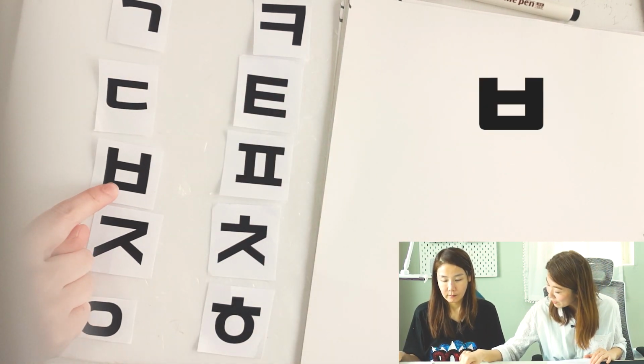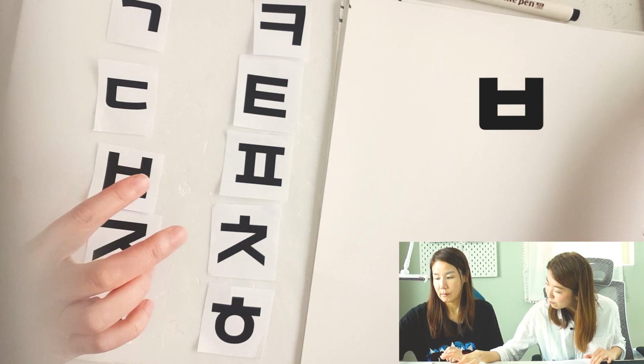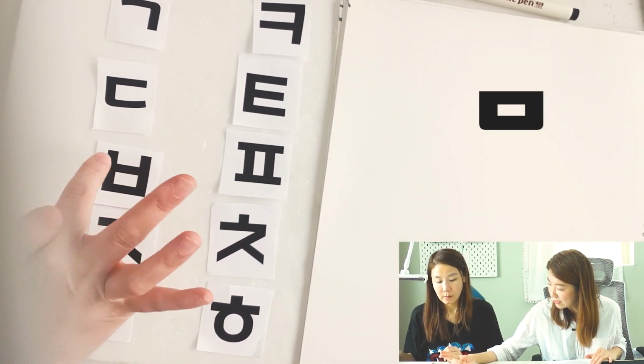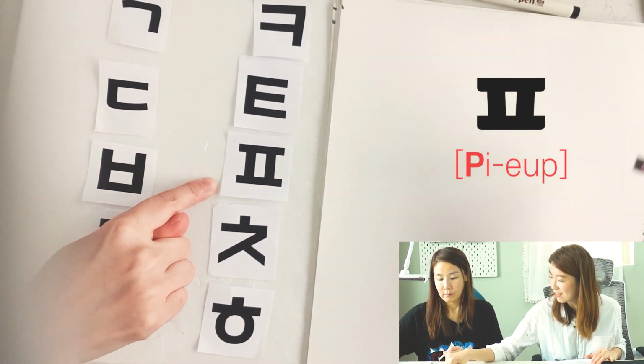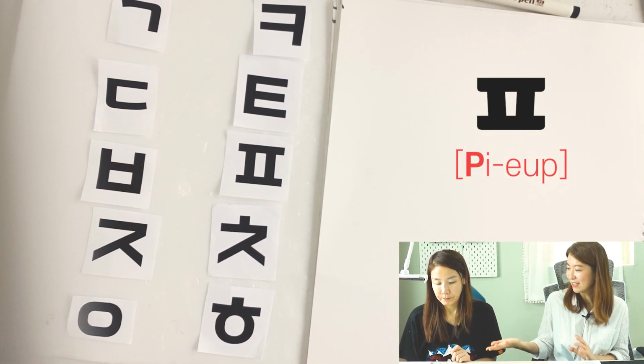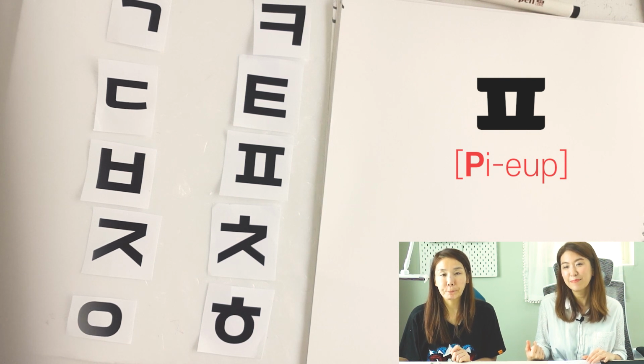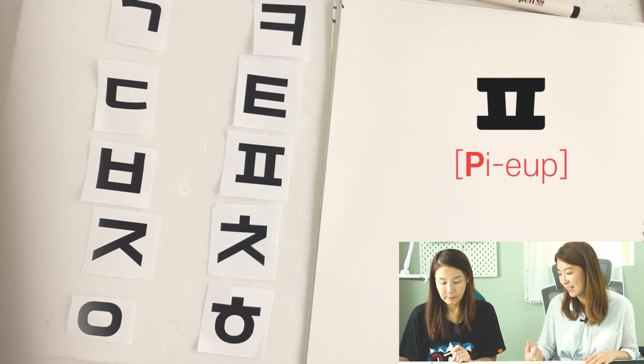And for 비읍, you have to remove the top part of 비읍 and then extend the 2 horizontal lines. It becomes 피읍, and it has a P sound like English.